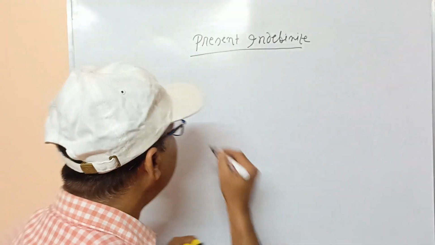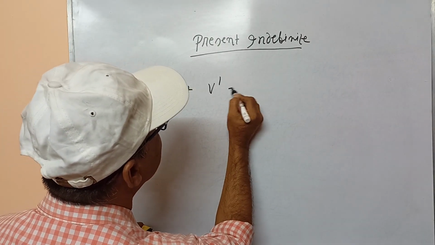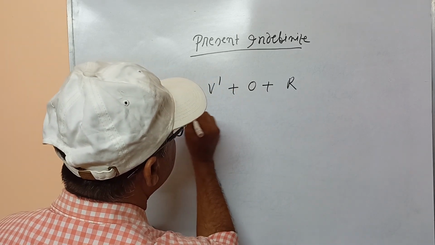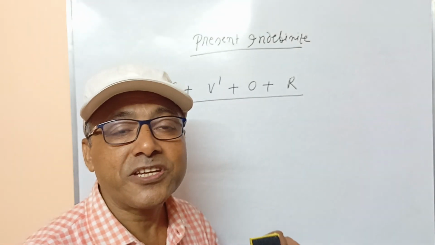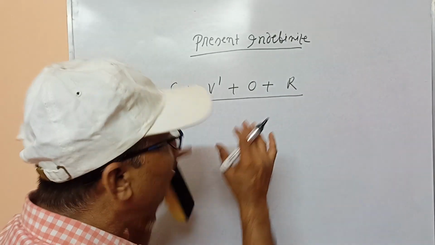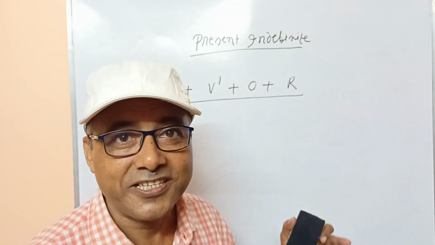What was the formula? Subject and then verb 1, then object, then remaining. It was the formula of present indefinite tense. That means in this way, following this formula, we can create a lot of sentences.